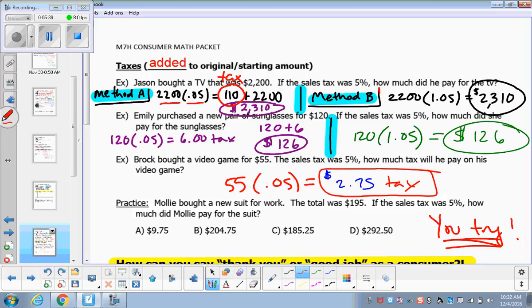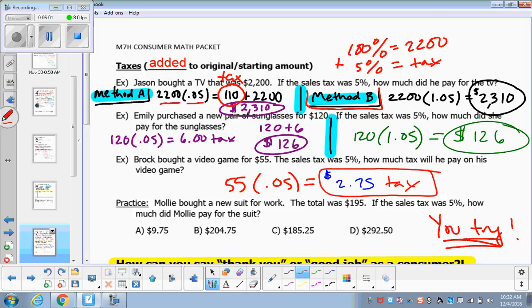Now, over here for method B, I want to point out that you have to pay 100% for the TV. You also have to pay an additional 5% for tax, which means you're paying 105% for the product. You pay the full amount for the TV plus 5%.